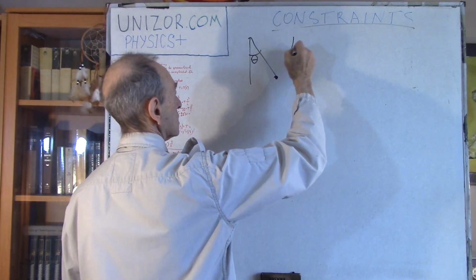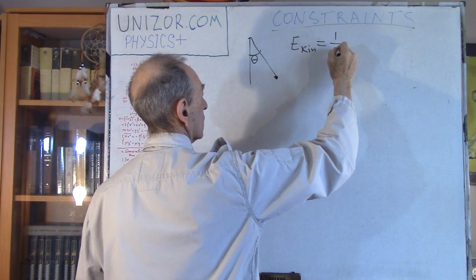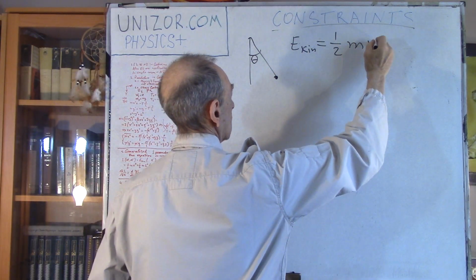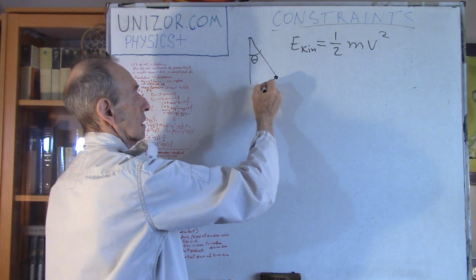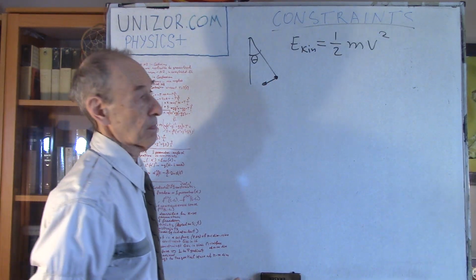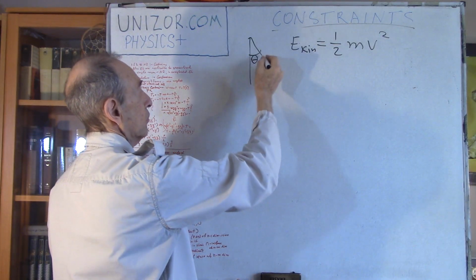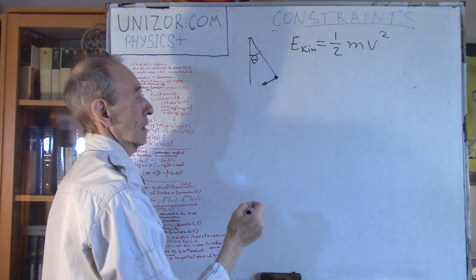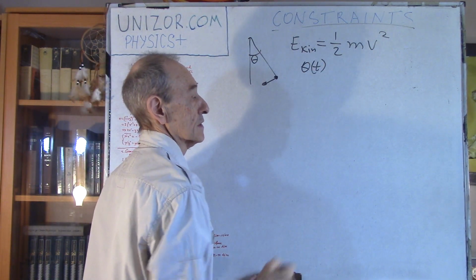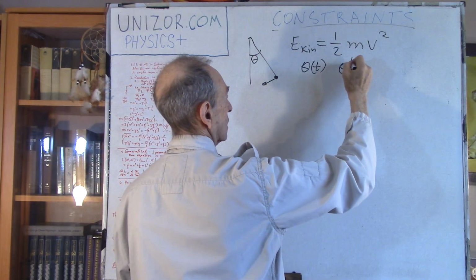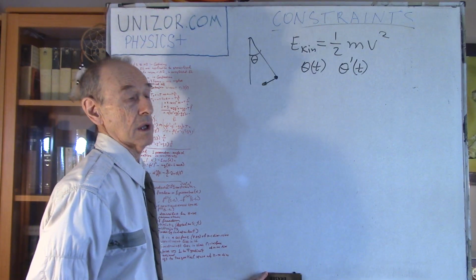Now, what is kinetic energy? Kinetic energy is 1/2 mass times linear speed squared. Now, what is linear speed if the body is going this way? Well, it depends on an angle. If the angle is theta of time, the angular speed is theta prime.